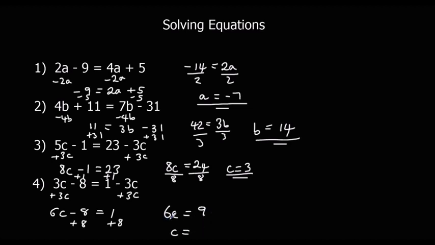And then divide both sides of the equation by 6. 9 over 6, that simplifies, they're both in the 3 times table. So 9 is 3 3s, 6 is 2 3s. So I've got 3 over 2, or I could write that as 1.5. Either one's fine.